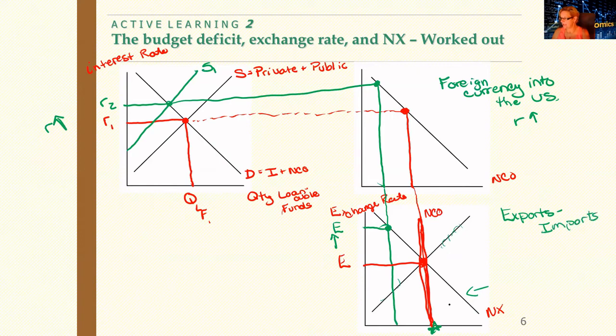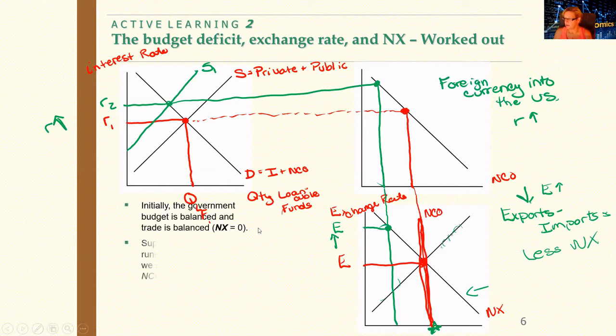And it would make sense, wouldn't it? If our goods are becoming more expensive, that we would export less. So that's why we see that the exports would decrease because the real exchange rate increased, which would lead us to less net exports. Okay?